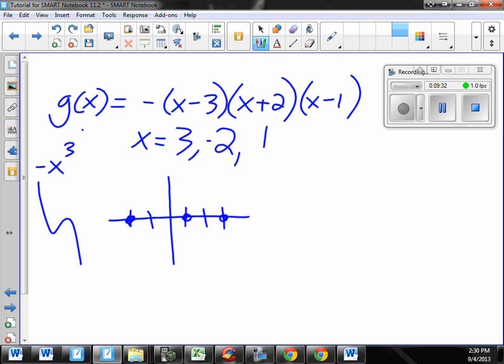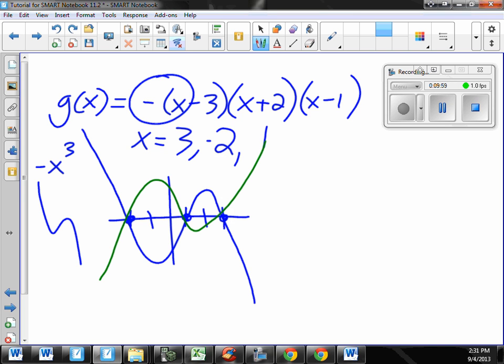So it's got to start from the top and look like that. Those are negative 2, 1, and 3, and it's a negative graph. So are you wondering why I didn't draw it this way? So those are my roots. And that one goes there.